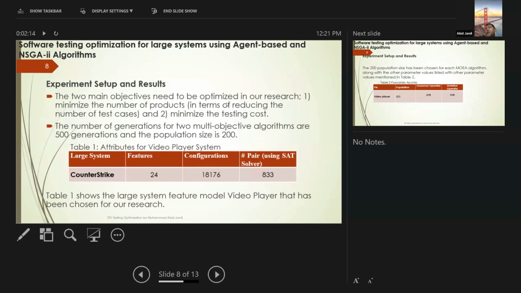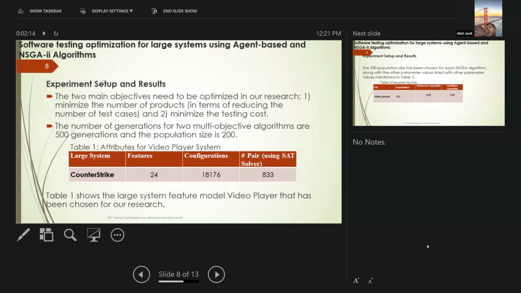That is our second objective. For the results, we have the number of generations for the two multi-objective algorithms, and we select 500 generations and a population size of 200.